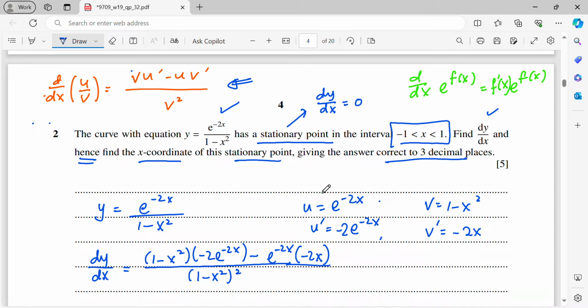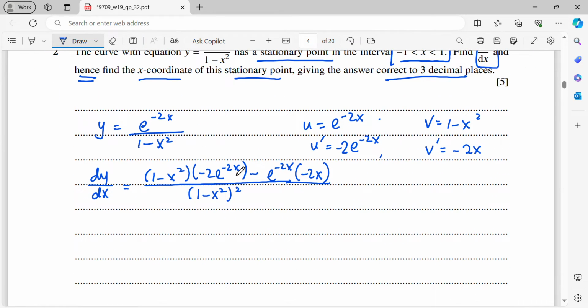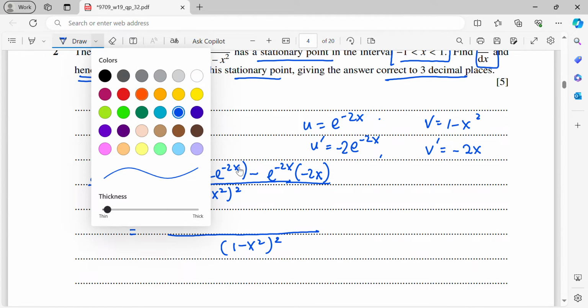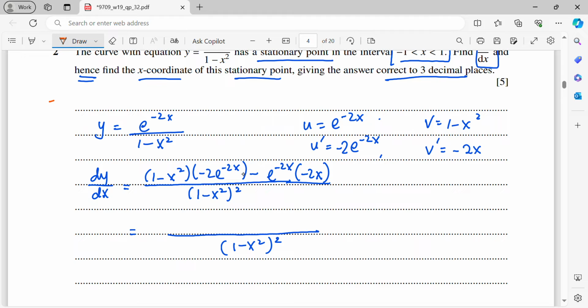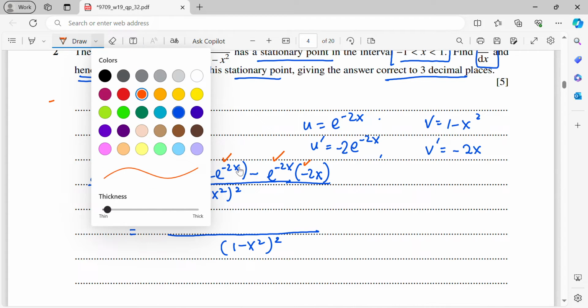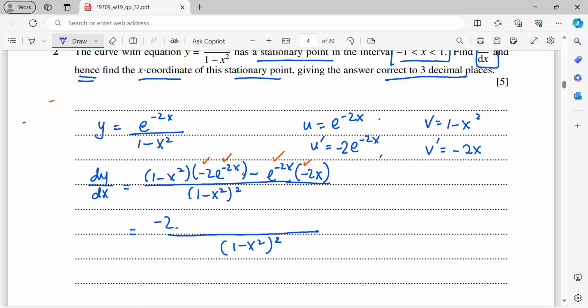So from here, because the question says find dy/dx, that means you need to simplify. When I simplify, I will not expand the denominator. The denominator I just rewrite, but the numerator you may factorize a common term. I notice that the exponential is in common, and minus 2 is also in common. So I will factorize minus 2 exponential negative 2x.